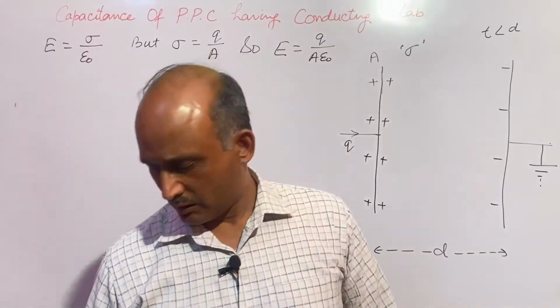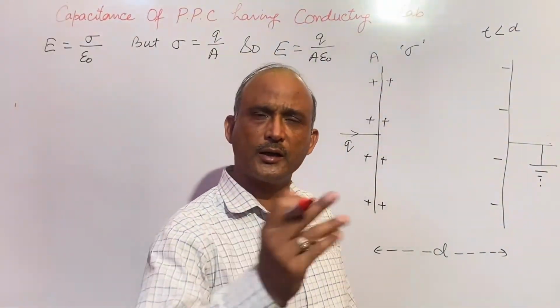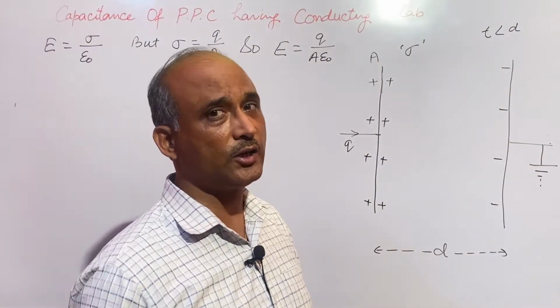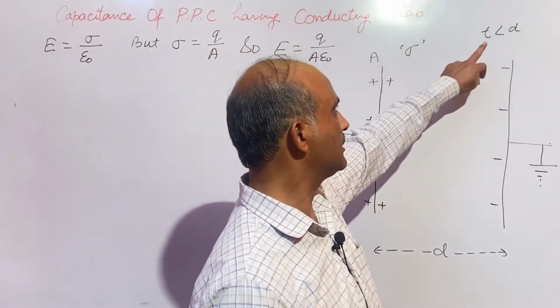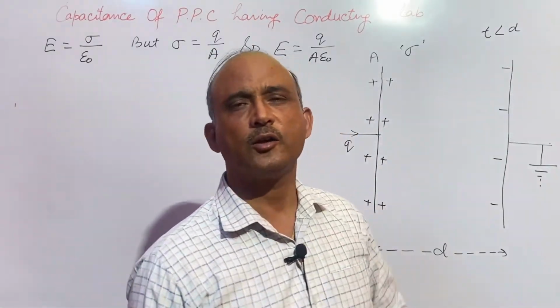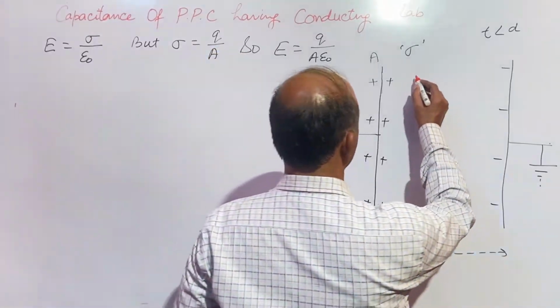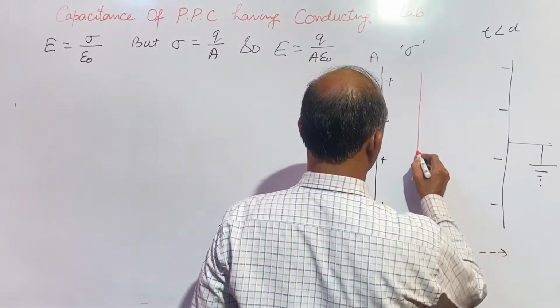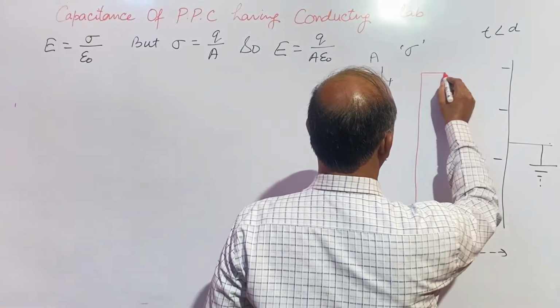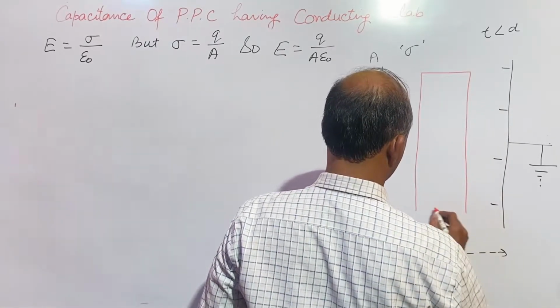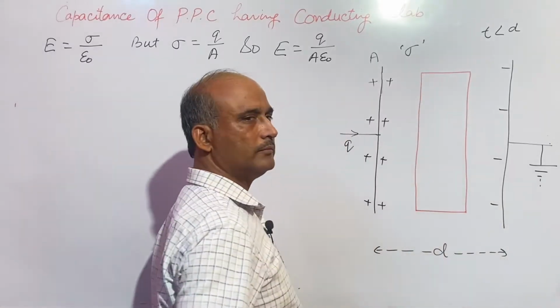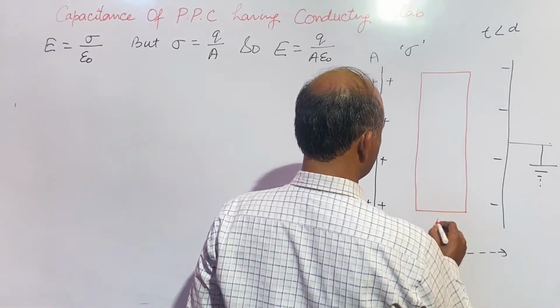Now, a conducting slab of thickness small t, such that t is less than d. It means the conducting slab is partially filled between the plates. Conducting slab of thickness small t.